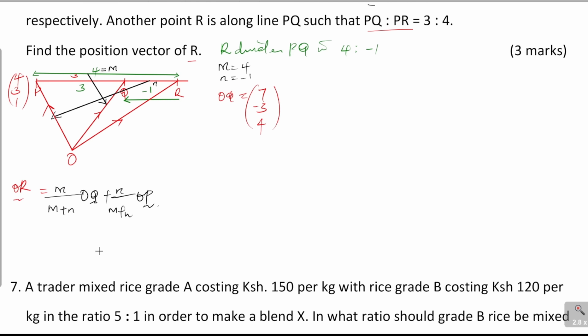Now using the ratio theorem, M is 4 divided by M plus N, that is 4 plus -1, which is 3, times OQ (7, -3, 4), plus N, which is -1, divided by 3, times OP, which is (4, 3, 1).